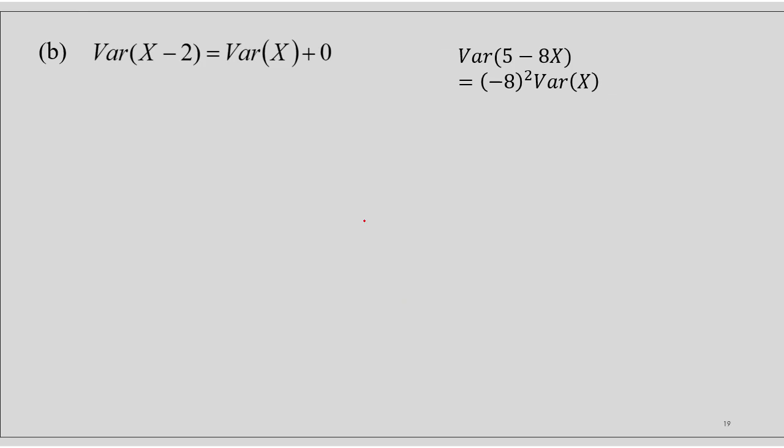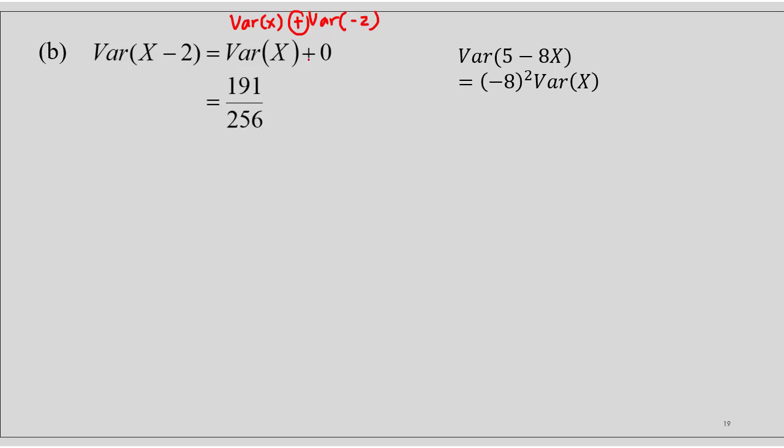When finding the variance of X minus 2, we know it is the variance of X plus the variance of negative 2. Remember to use the plus, because variance is always positive. Negative 2 is a constant, so its variance equals 0.